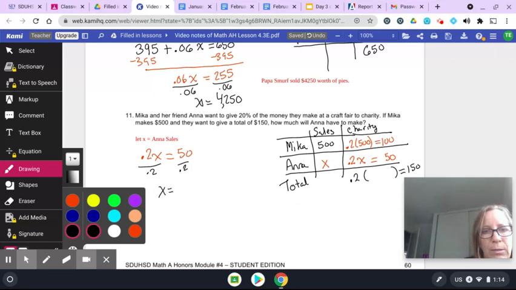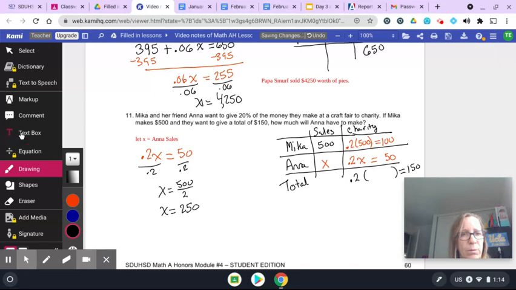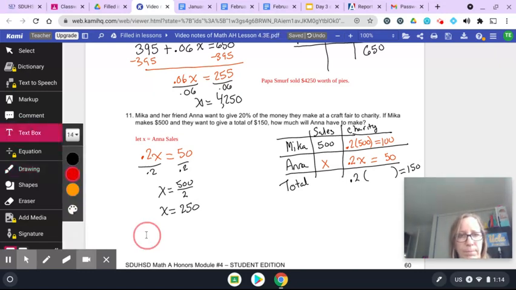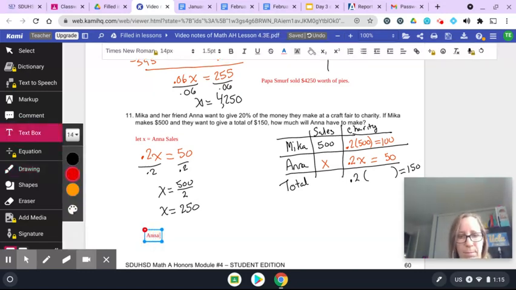That is the same as 500 divided by 2. That is 250. So Miss Anna needs to sell $250 worth of stuff. What's she selling? Crafts. Crafts.